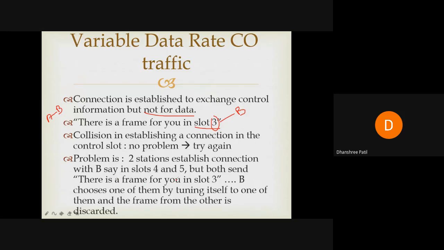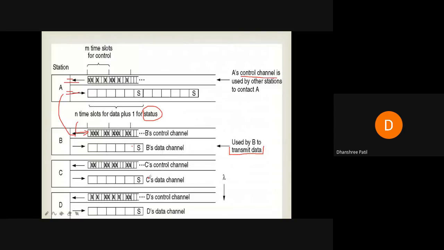They both will send the message that there is a frame for you in slot number 4 and 5 or 3. If such requests come from two different stations, B will accept any one request and discard the other frame.